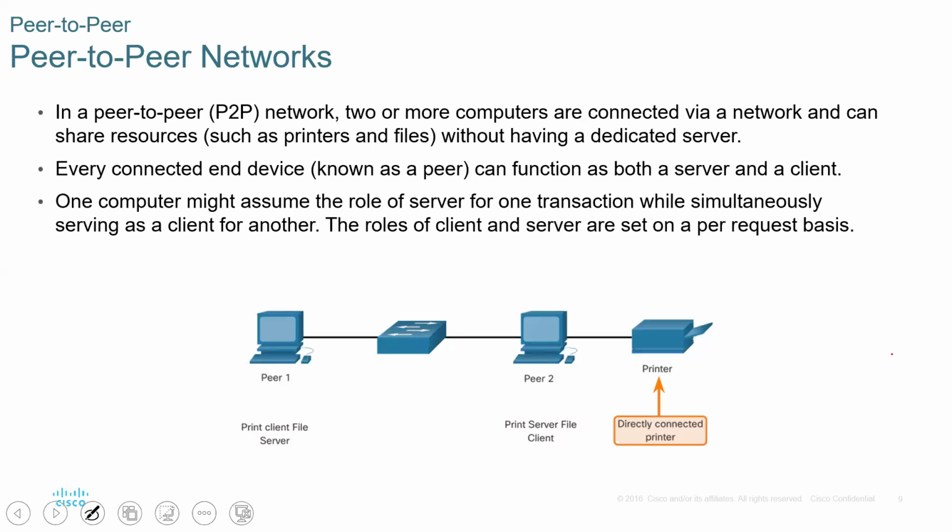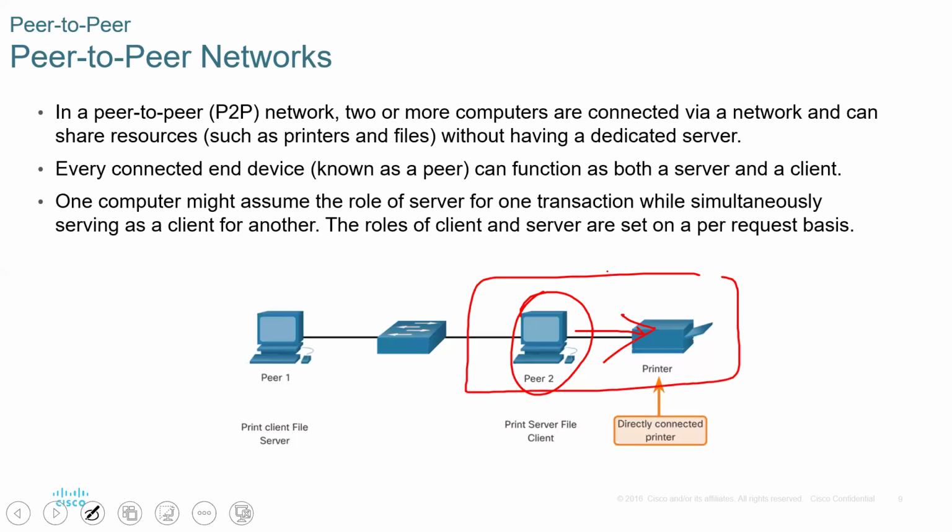So in a peer-to-peer network, two or more computers are connected via a network and can share resources, without having a dedicated machine called a server per se, where the application is run. So every connected device in each case can serve as both client and server. For instance, you see this system 2 is connected directly to a printer, and you can set up this system as a print server, okay?